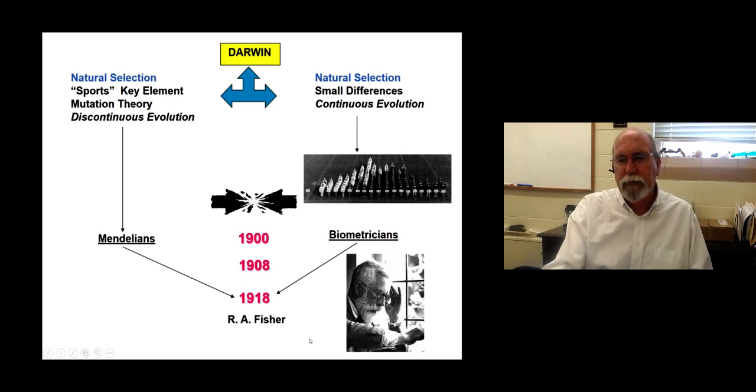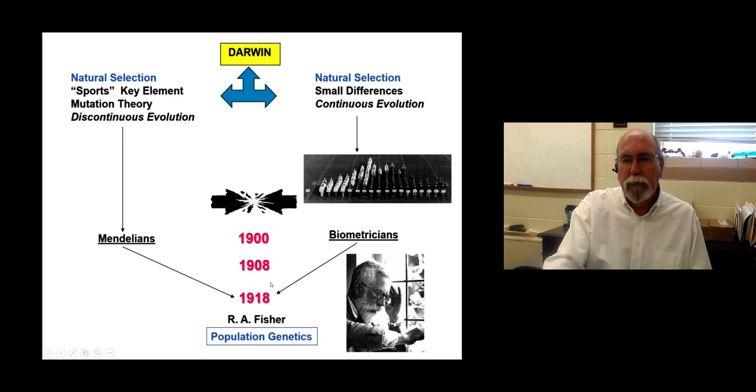They coalesced under this individual named R.A. Fisher, who wrote a seminal paper in 1918 explaining how these two things link together, how you could have all of this work under one model. But notice that's almost 20 years after the rediscovery of Mendel, and about 50 or 60 years past when Darwin first published.